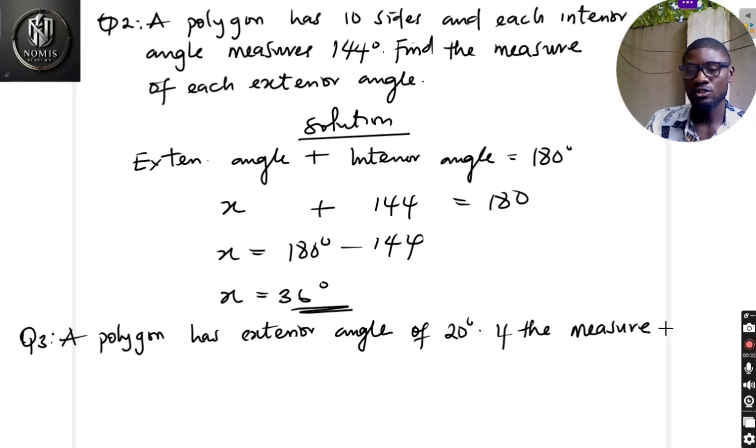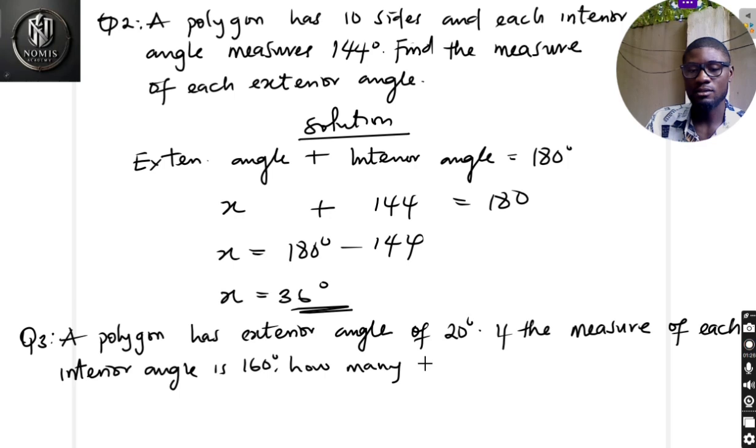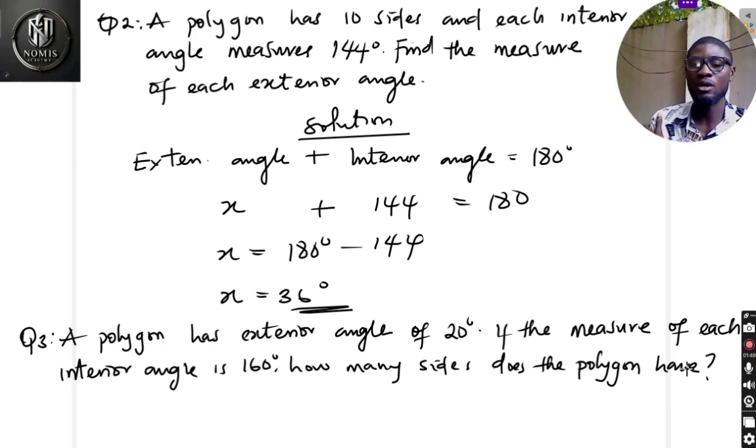If the measure of each interior angle is 160 degrees, how many sides does the polygon have?